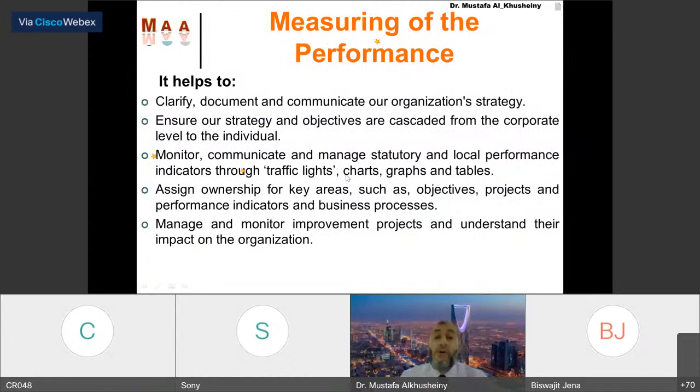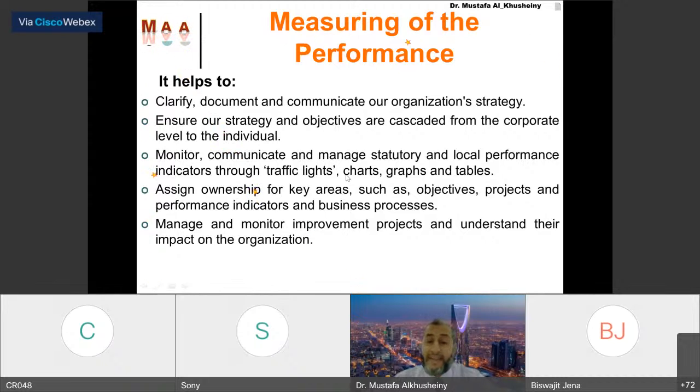By choosing a suitable performance measuring system, we can clarify, document, and communicate our organization's strategy, and ensure our strategy and objectives are cascaded from the corporate level to the individual level.